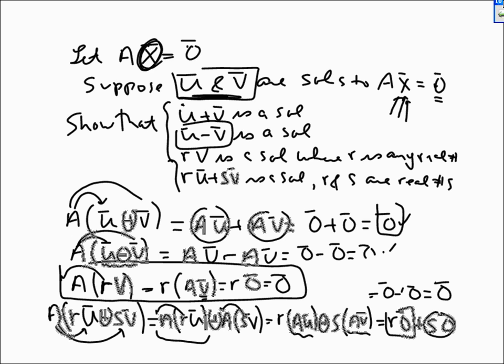Look at that. We got the 0 vector. If u and v are solutions, then any multiple of u plus any multiple of v is also a solution. And that's pretty neat. So if you have a non-trivial solution, you have infinitely many solutions.